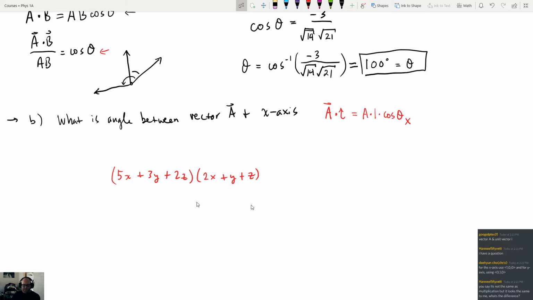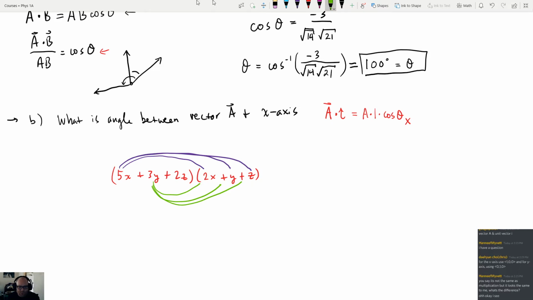In order to do this multiplication, there's going to be a total of 9 terms. I have to do 5x times 2x, 5x times y, 5x times z, and then 3y times 2x, 3y times y, 3y times z, and there's 6 more. So do you see the difference?